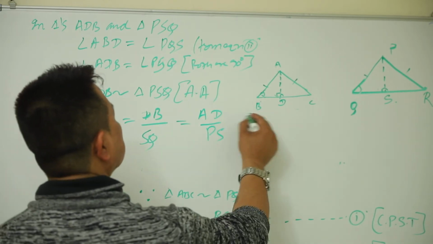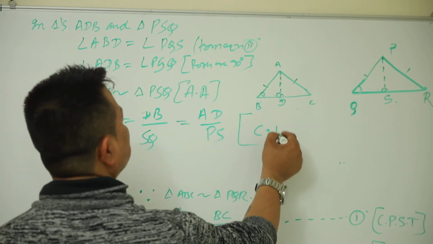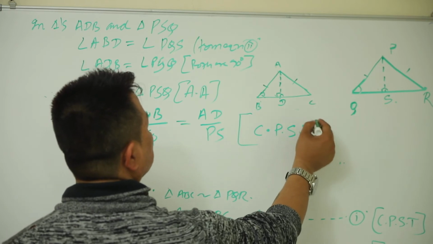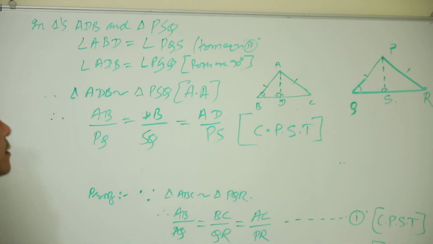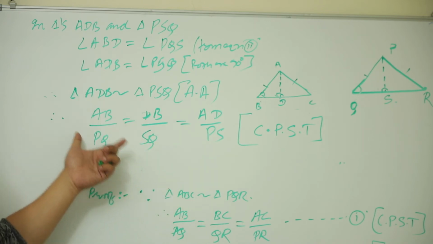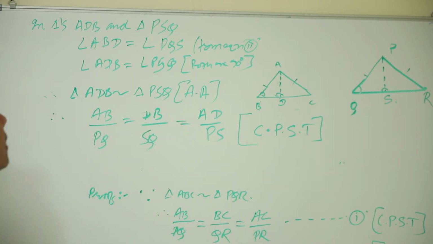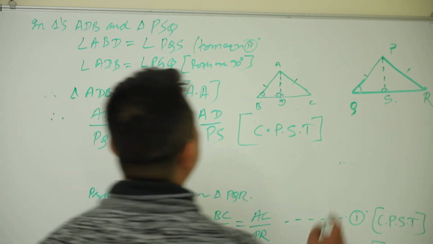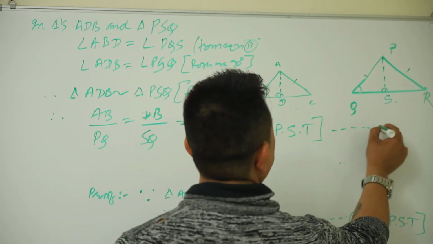And the reason is corresponding parts of similar triangles. Since these two triangles are similar, we can write that the ratio of their corresponding sides are equal. So this is your equation number 3.